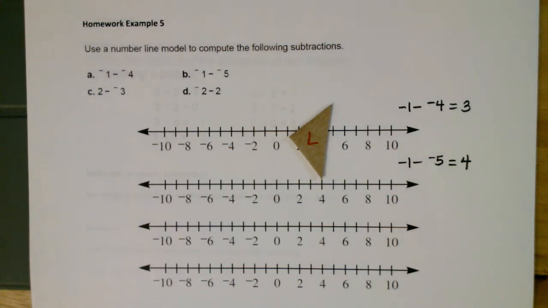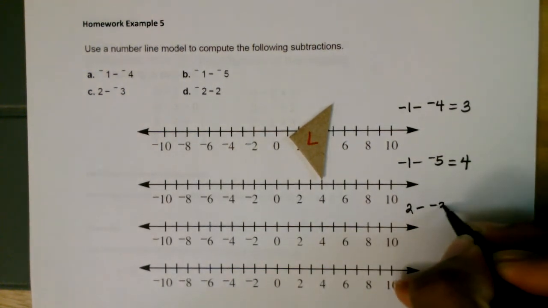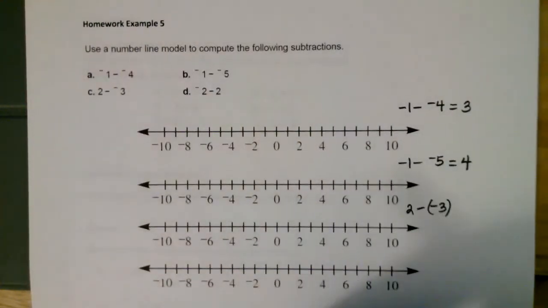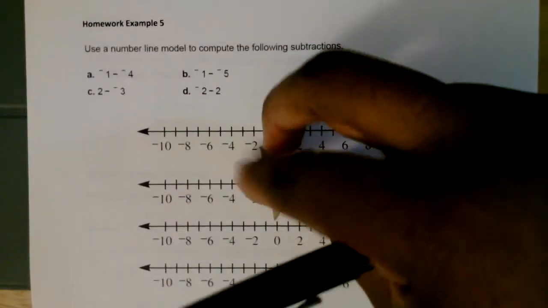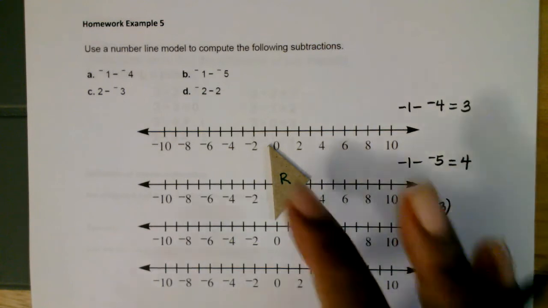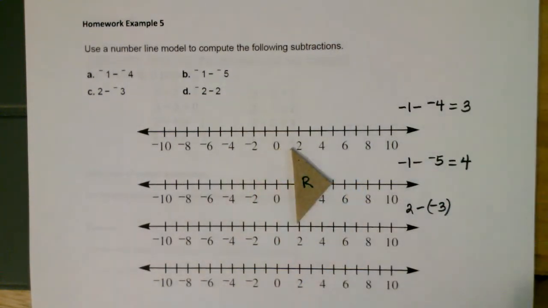And now part C, 2 minus a -3. All right, so I'm going to use this pointer here. Start at 0, facing to the right, and it's a +2, so I'm going to go to the right 2 places, 1, 2.